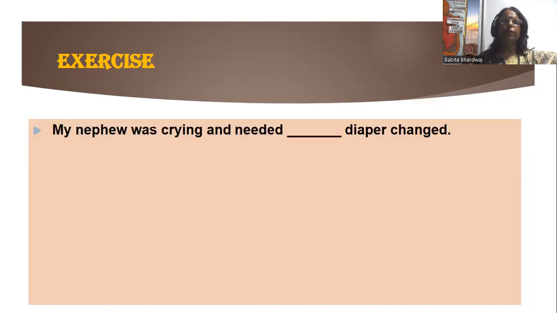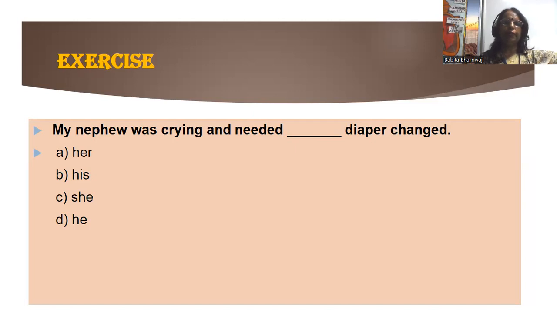Now the next question is, my nephew was crying and needed dash diaper changed. Now let us see the options. Here the first option is her, second is his, then she and he. I hope it is very simple and straightforward.